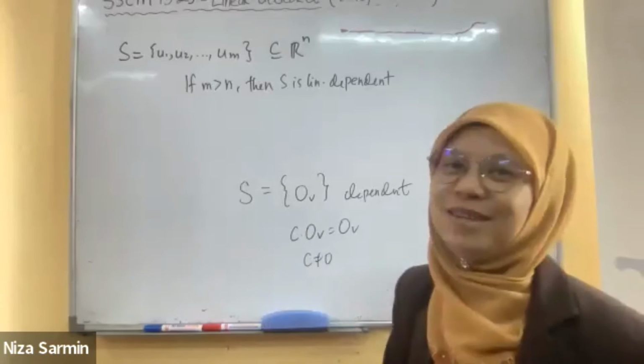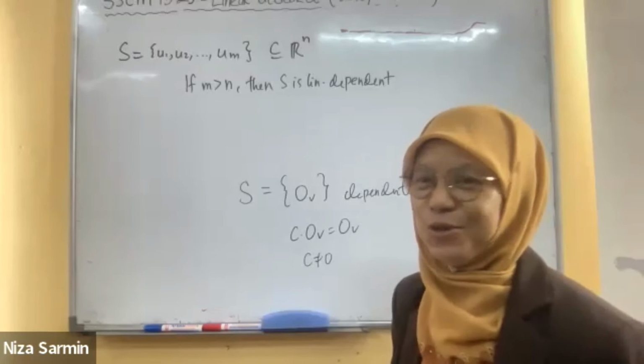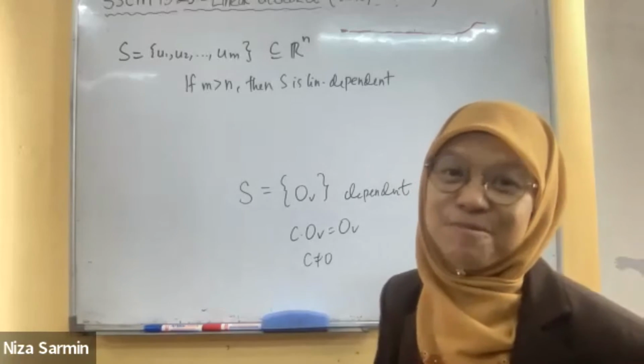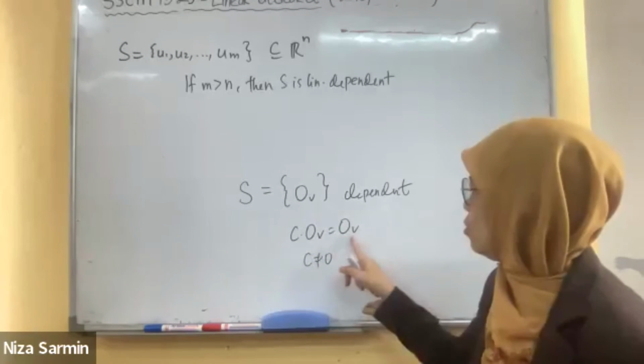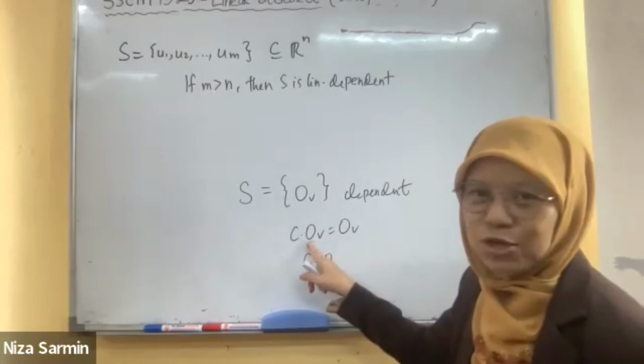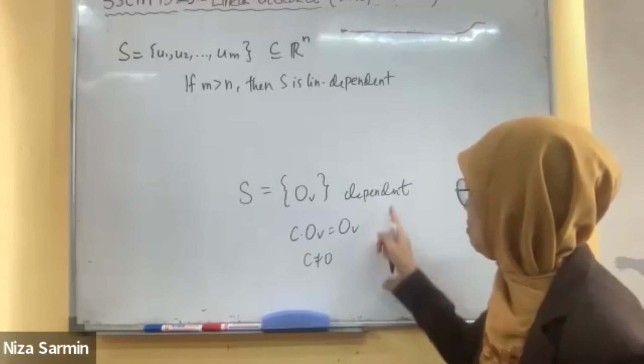Before, this question was in the final: if you have a set with only zero vectors, show that it is linearly dependent. Because when you multiply by c, you want to get equal to 0. That's already a zero vector. c can be not 0. Okay, so dependent.